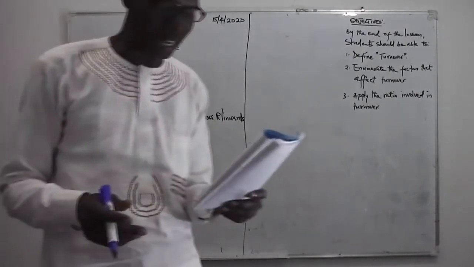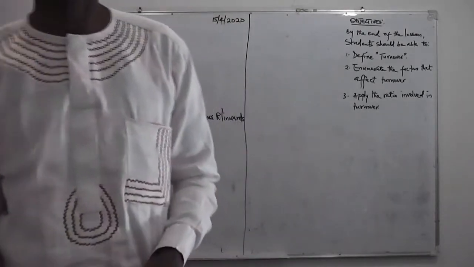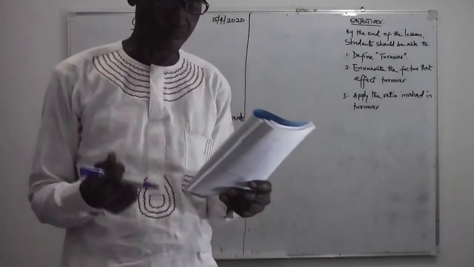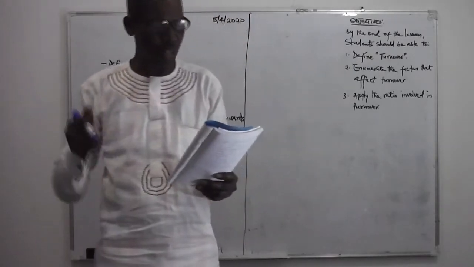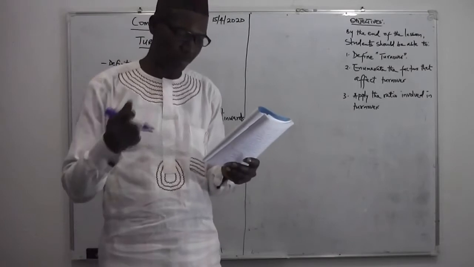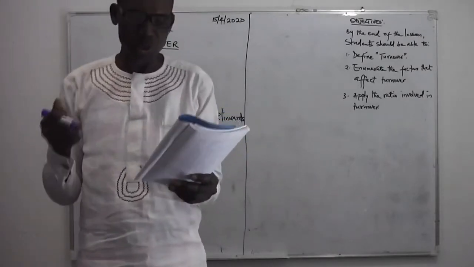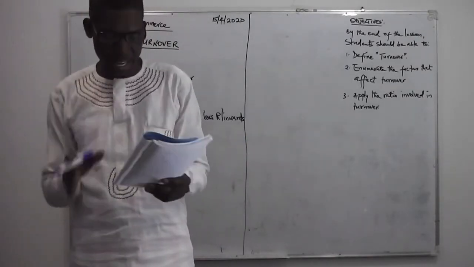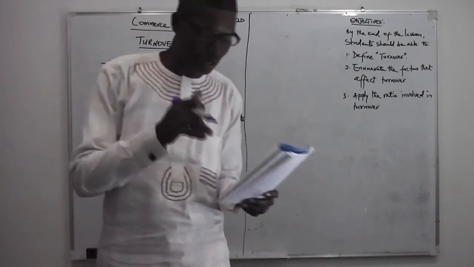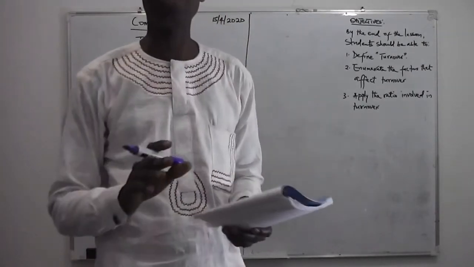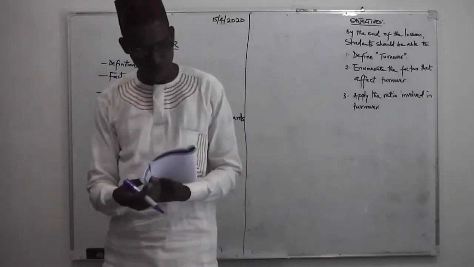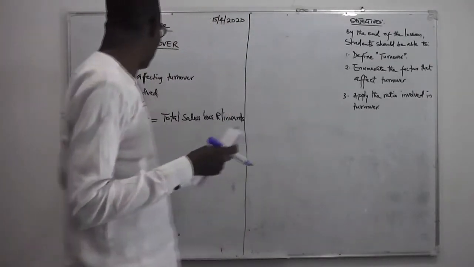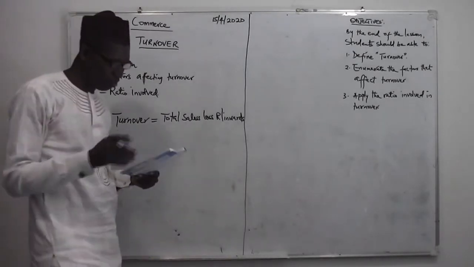The first one is reduction in price of goods. It affects turnover in this way: when the price of goods is higher, the sales will be less. But when the price of the goods is lower, we expect more sales, more turnover. So that is number one of the factors that affect turnover.